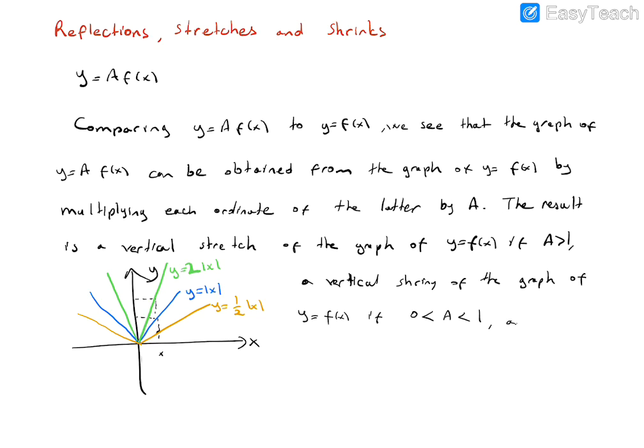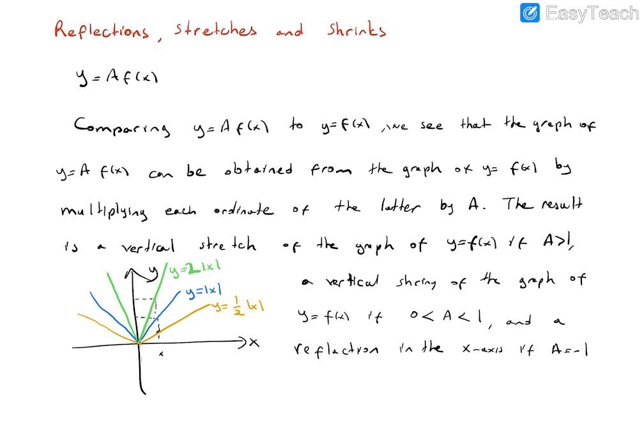And a reflection in the x-axis if a is minus 1. So all cases can be found in this way.